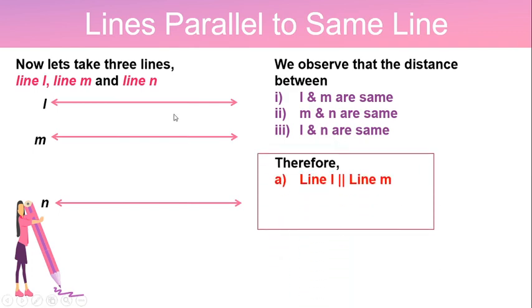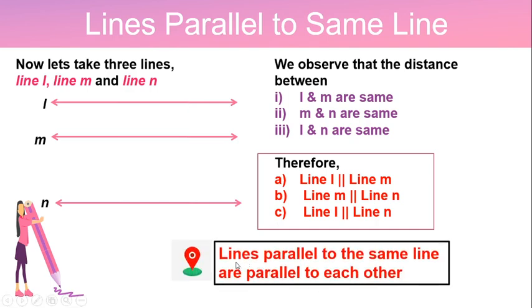Therefore, line L is parallel to M, line M is parallel to N, and N is parallel to L. So students, what do you observe? If we take lines N and L as parallel lines, then these two lines M and N are also parallel to line L.